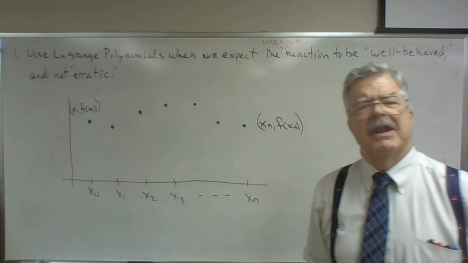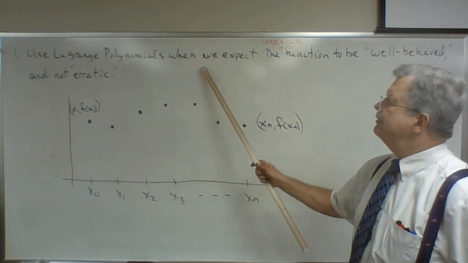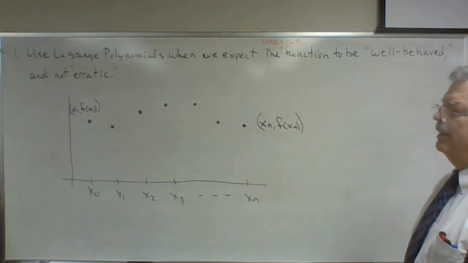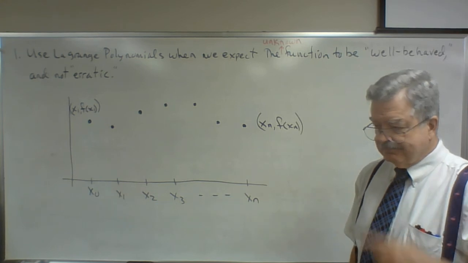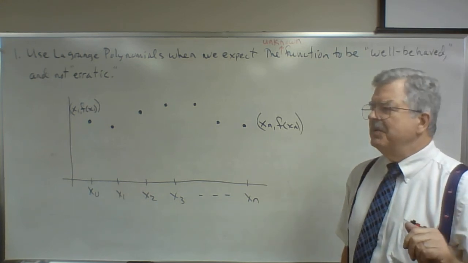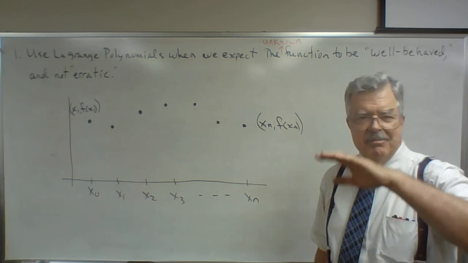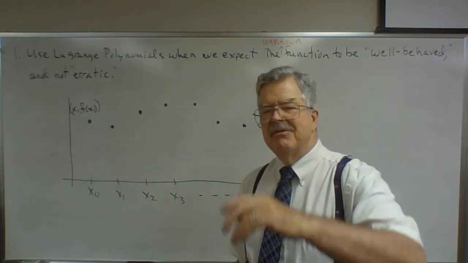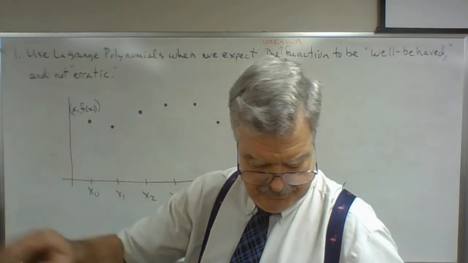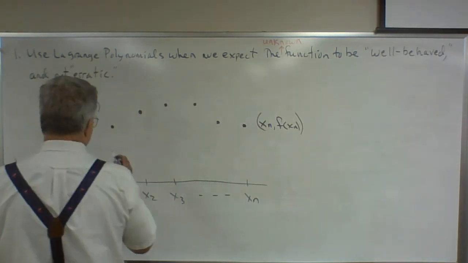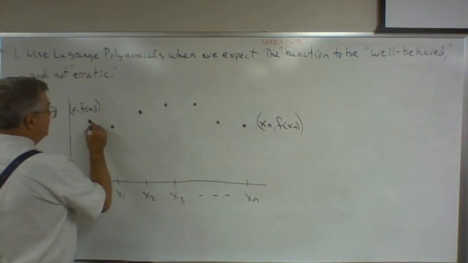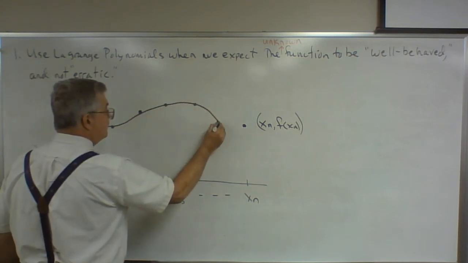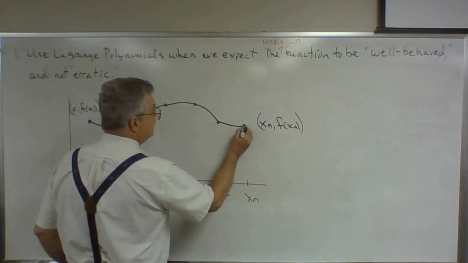I guess the first thing that I want to point out is we'll use Lagrange polynomials when we expect the unknown function to be well behaved and not erratic. We expect the graph of the unknown function to be a nice, kind of smooth, gently rolling up and down function. And who knows, maybe the function looks something like this. And it fits our data points.